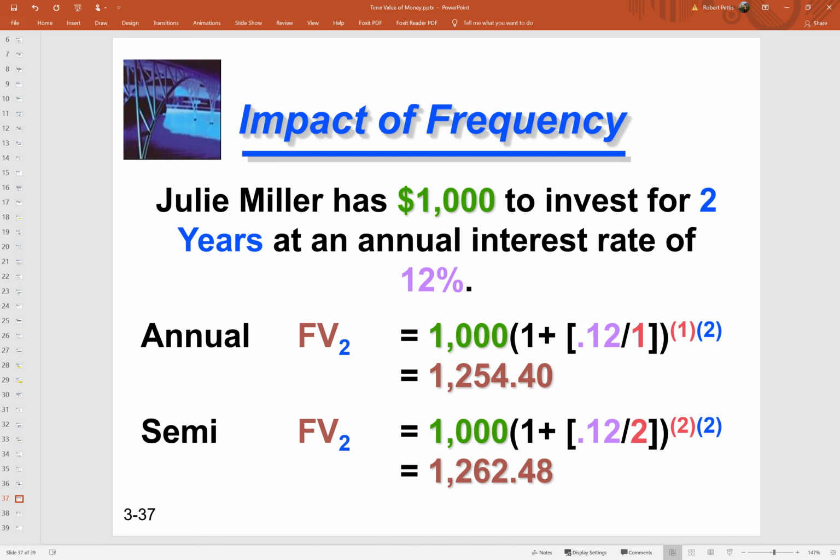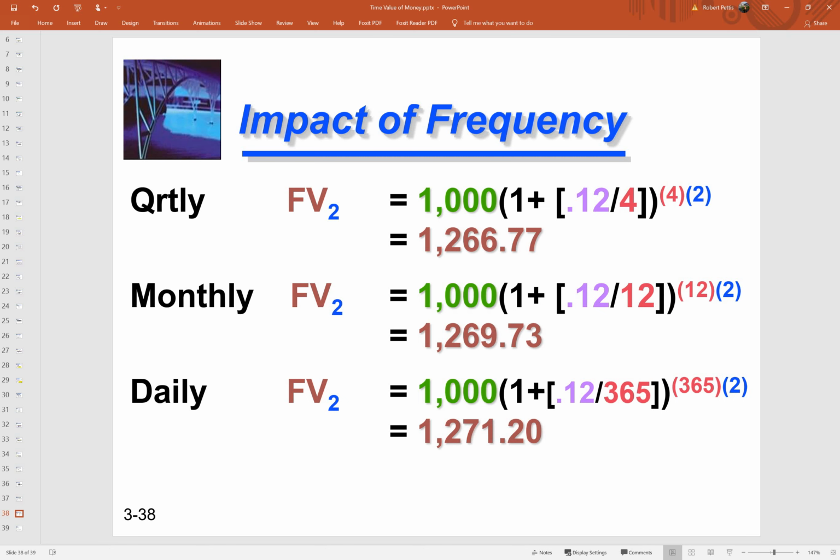So how big of a deal does this make? Well, let's see. Julie Miller has $1,000 to invest for 2 years at an interest rate of 12%. If she was just getting annual compounding, she would get $1,254.40. If she was doing semi-annual, she would get $1,262.48. So she'd get more, and it's not that much more, but she'd get more.